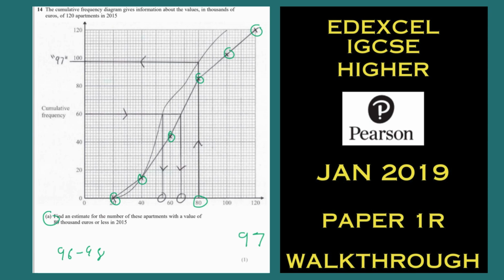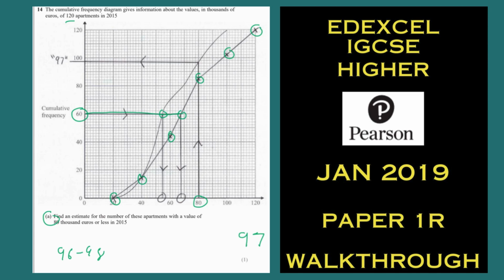And part C says find an estimate for the change in the median. So your median for 120 will be at 60, and you need to go along to both the line you're given and the one you've drawn.